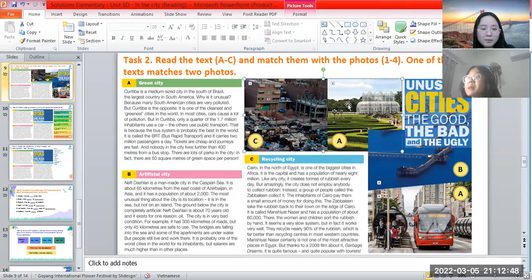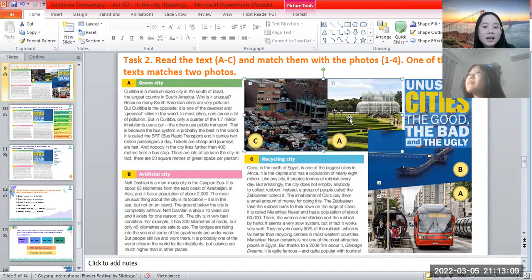How about the second picture? Why do you choose A? I choose A because it is one of the cleanest and greenest cities in the world. Okay, so it is one of the cleanest and greenest in the world.